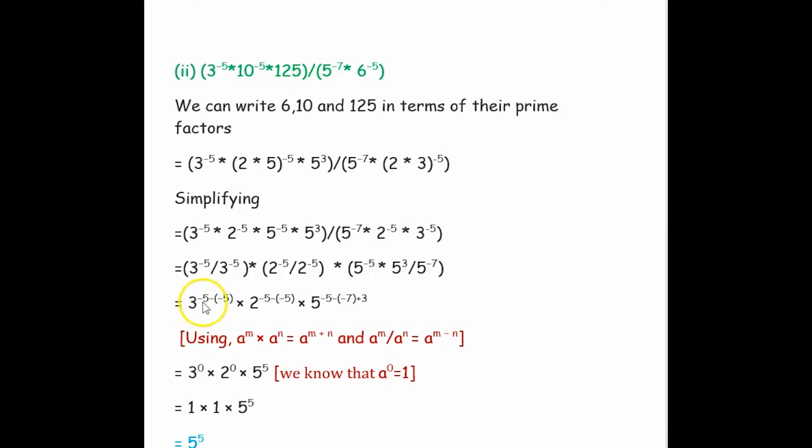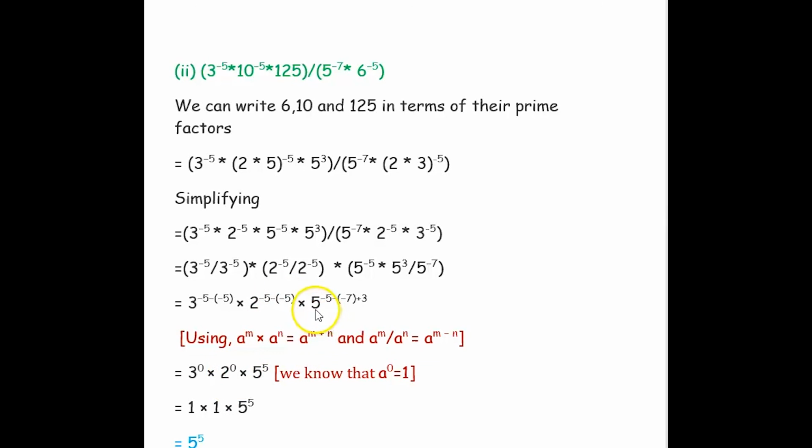So 3 raised to the power minus 5, by using the law a raised to the power m divided by a raised to the power n equal to a raised to the power m minus n, we can rewrite this as 3 raised to the power minus 5 minus negative 5. So this negative 5 plus 5 will become 0. So 3 raised to the power 0. Similarly, 2 raised to the power negative 5 minus negative 5 will become again 0. So 2 raised to the power 0.